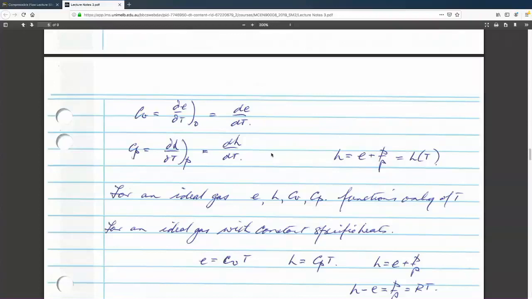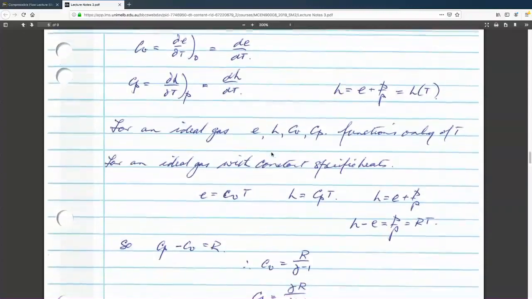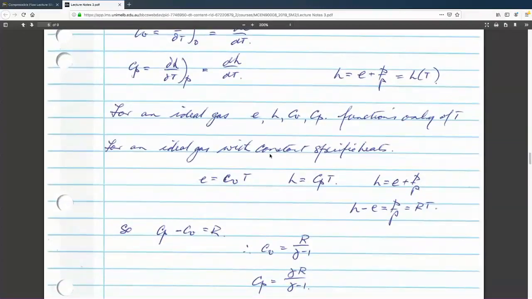So H is CPT, E is CVT. If I put this in here, H minus E is Cp minus Cv, both of them times T, and this is RT.